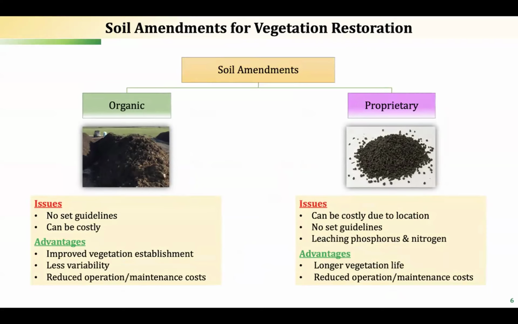And the other material that we wanted to test is the proprietary amendments. These can be costly due to location, but we wanted to see if some of these proprietary amendments can be used, and depending on the location, may be an alternative material to use on roads to improve roadside vegetation.